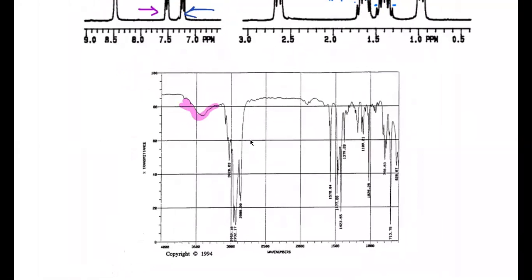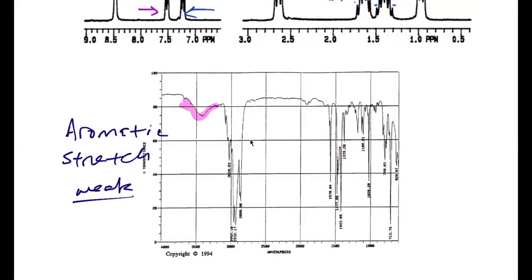That's aromatic stretching. It's usually pretty weak. And it usually shows up somewhere around 32 to 3,500.